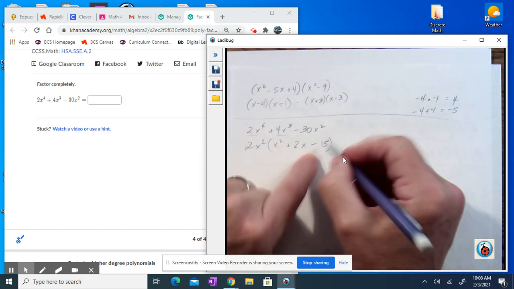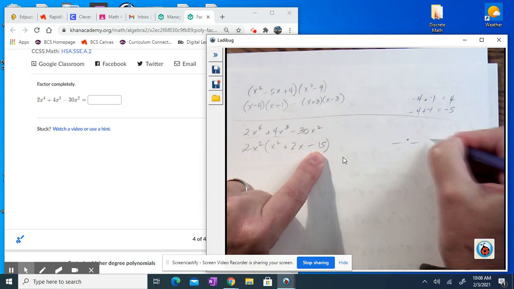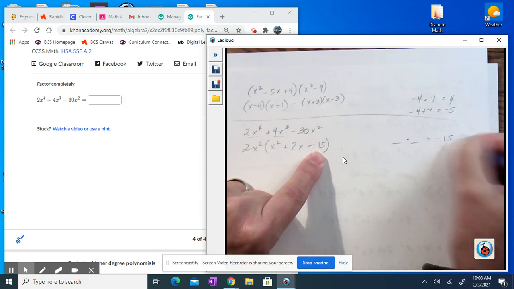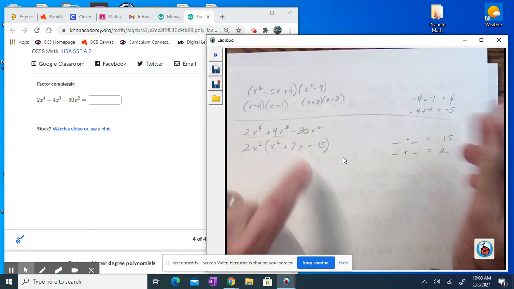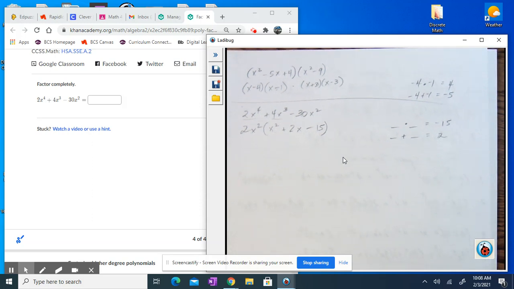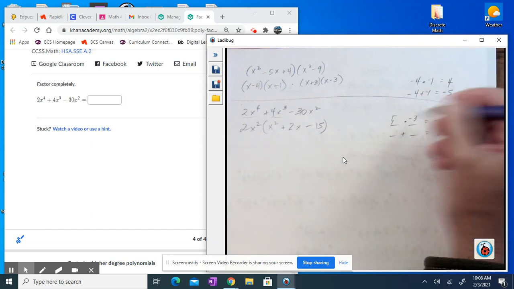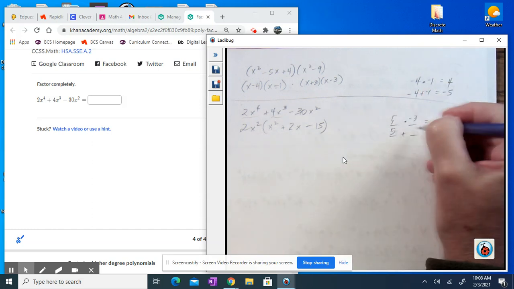So we're looking for two numbers that multiply to negative 15 but add to 2, right? We want two numbers that multiply to negative 15 and add to 2. I bet you can guess what those are. 5 and negative 3, right?